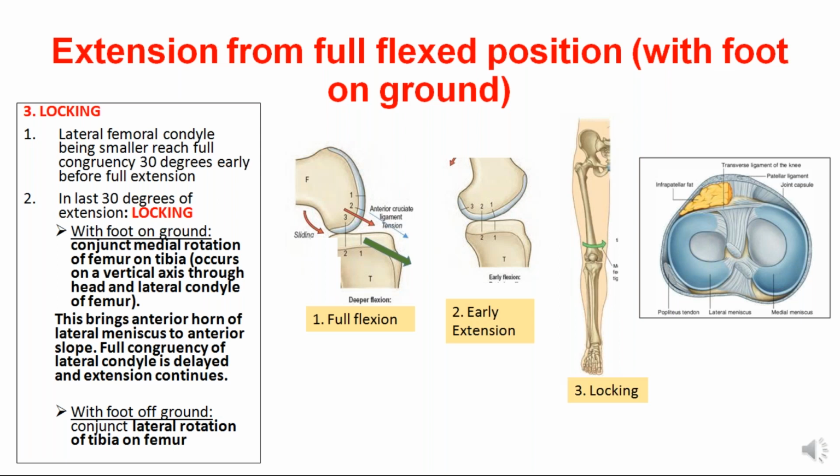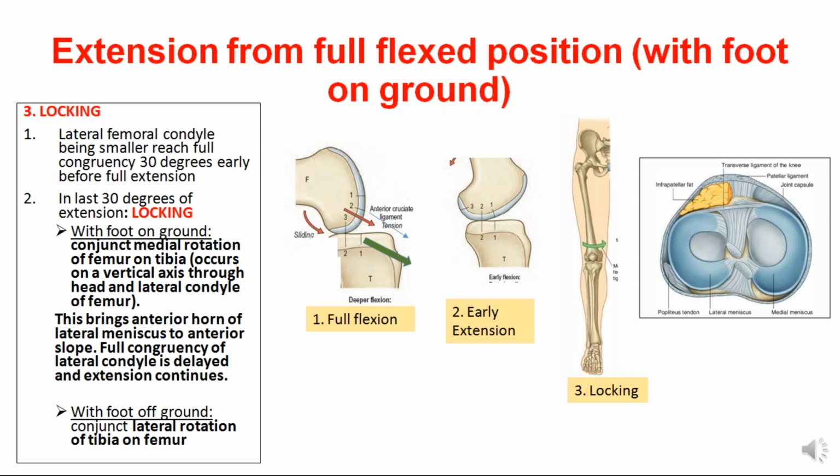So in the last 30 degrees of extension, the locking mechanism takes place. When the foot is on the ground, to complete the full extension, conjunct medial rotation of the femur on the tibia takes place.